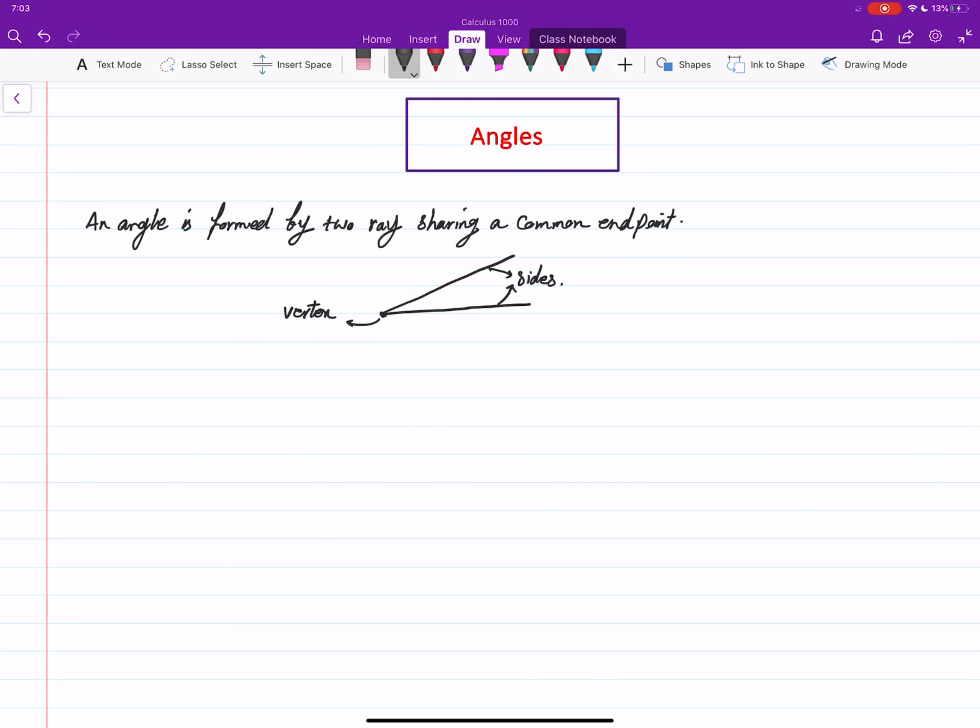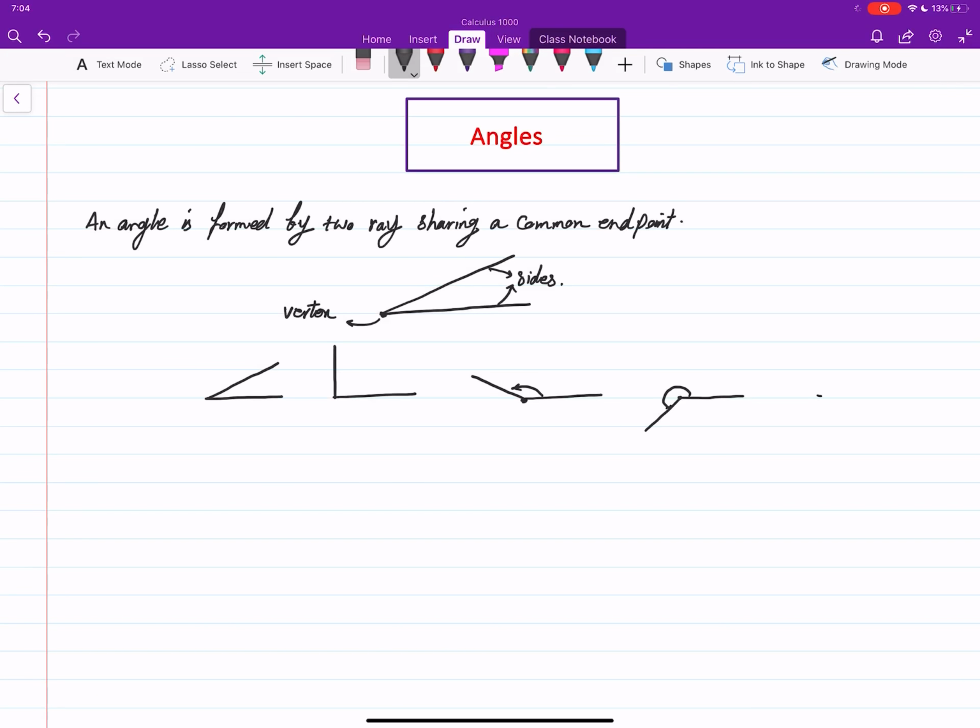Well, we can have angles of different size, for example this, or then this can go up there. It can be a little bit bigger, something like that. Even this one, so let me just draw this.